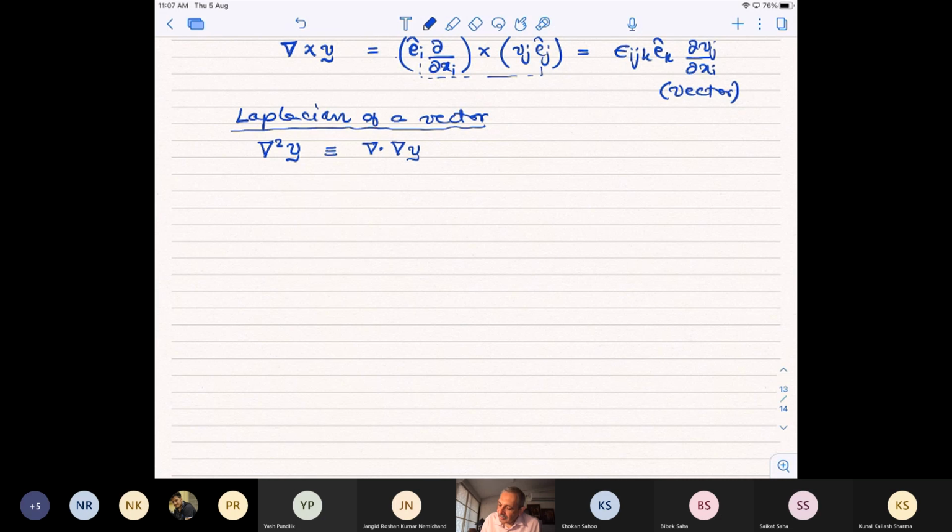Del squared is just this operator dotted with itself. So when you do this, this is e_i del by del x_i, and then dotted with e_j del by del x_j, and then operated on, so there's no dot over here, just see it's the gradient of V. So then here it is just V_k e_k.